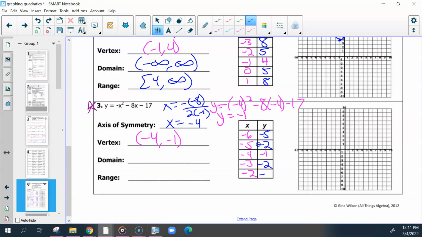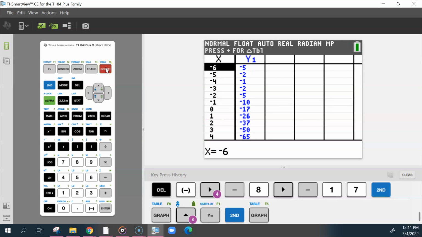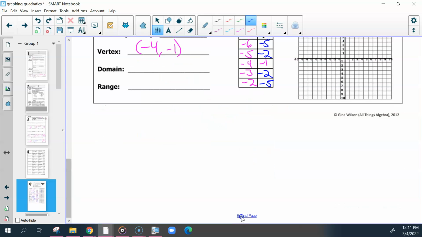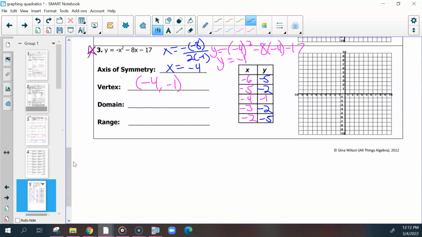And then it repeats. Graph those points. Negative 6, negative 5, somewhere down here. Negative 5, negative 2. Negative 4, 1.